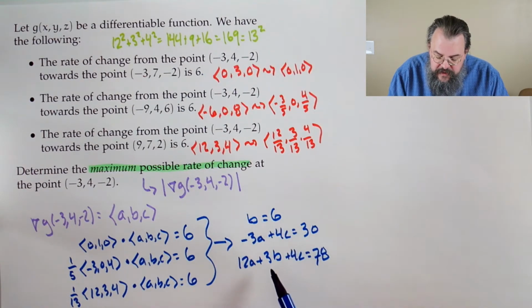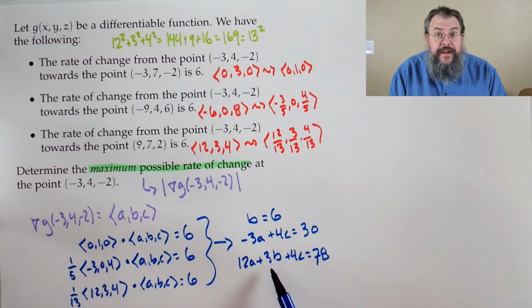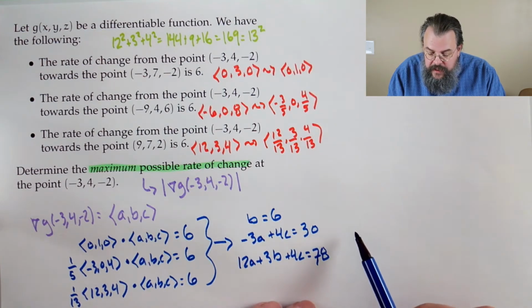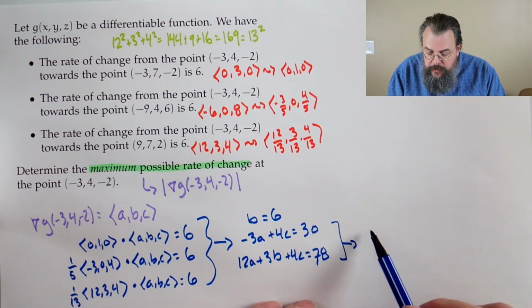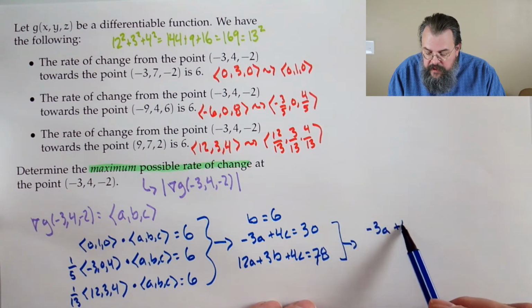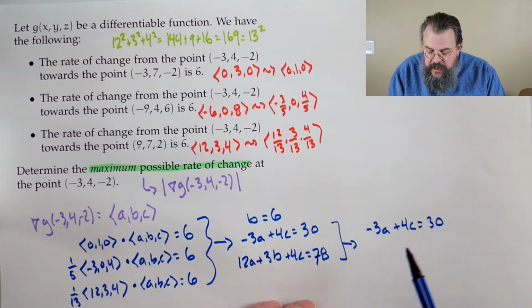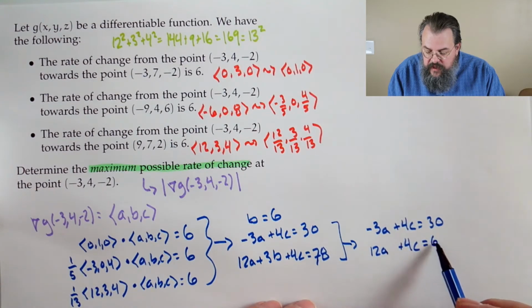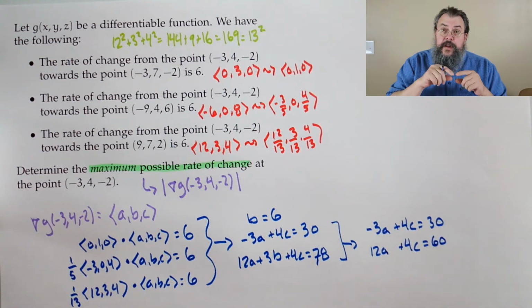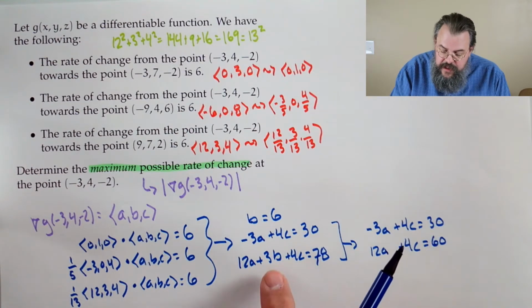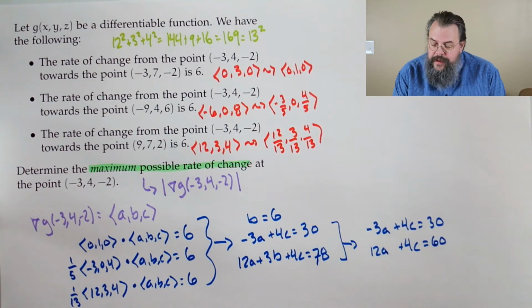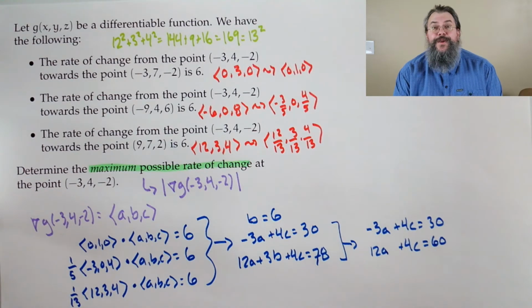Since b equals 6, this 3 times 6 is 18, and then we can subtract that off. So we say, okay, updating, we have minus 3a plus 4c equals 30, and then 12a plus 4c equals 60. Right, because 3 times 6 is 18, and subtract 18 across.